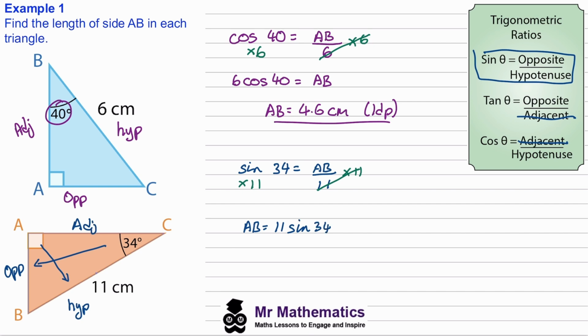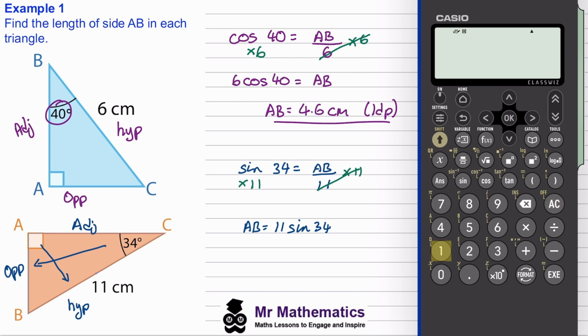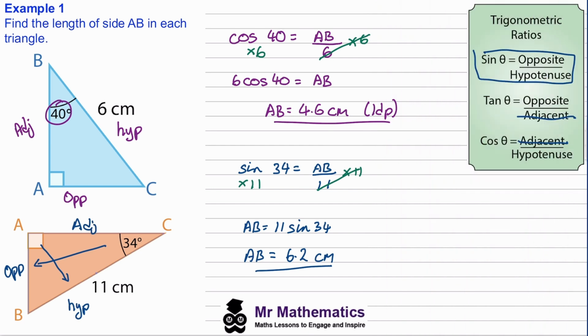We can do this on our calculators. So 11 sine 34, and close that bracket. So A to B to 1 decimal place is approximately 6.2 centimeters. Okay, let's try some more questions.